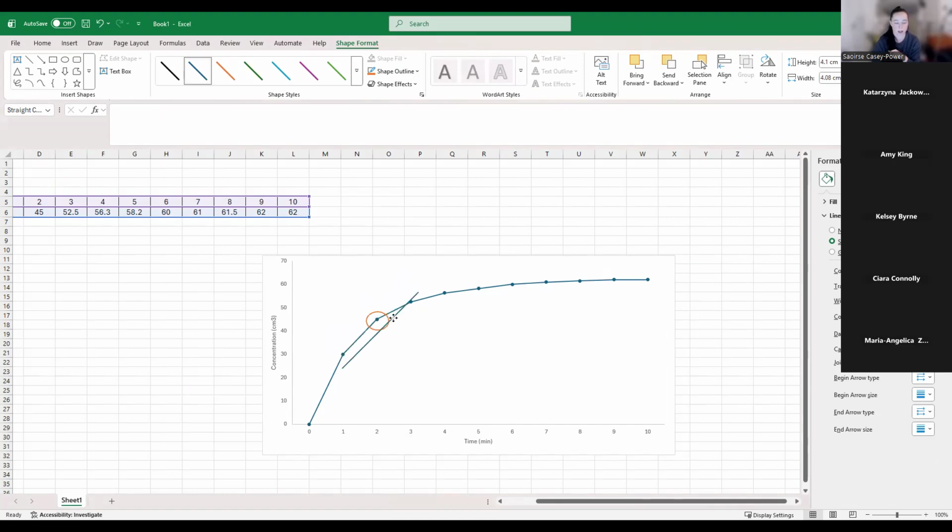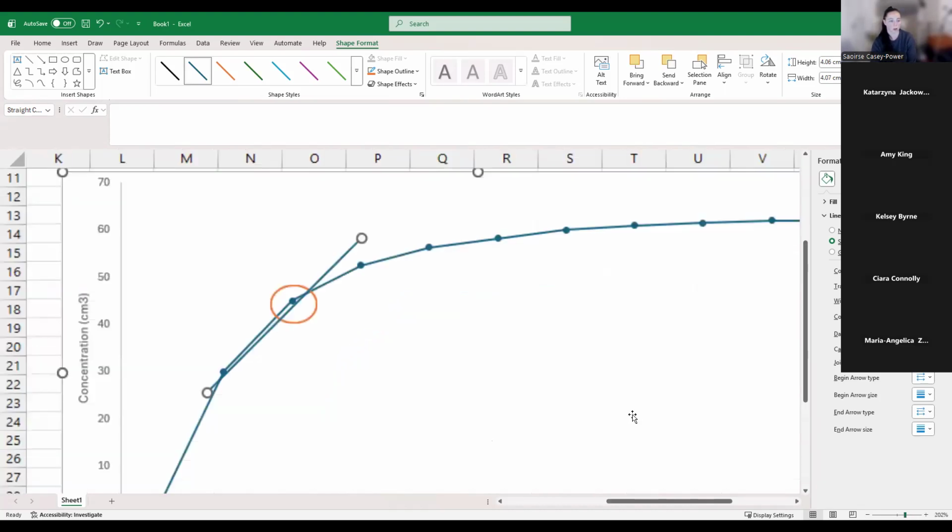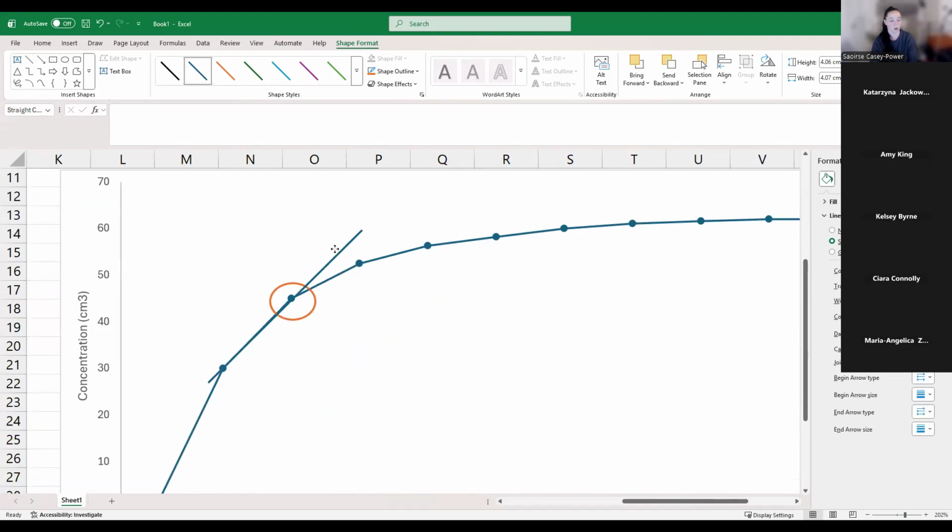You don't want to extend it into the graph, so if I zoom in to show you, it wouldn't be ideal to draw it like that. Even though it's hitting the point, it's on top of the line itself. You want it just hitting the point. It's much more accurate that way. If you extended it in here, we're underestimating the rate of the reaction. So make sure it's hitting just above that point. I'm going to draw that in a separate color so you can see it.